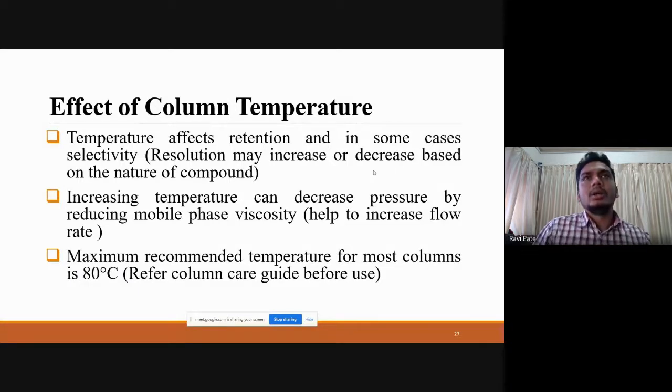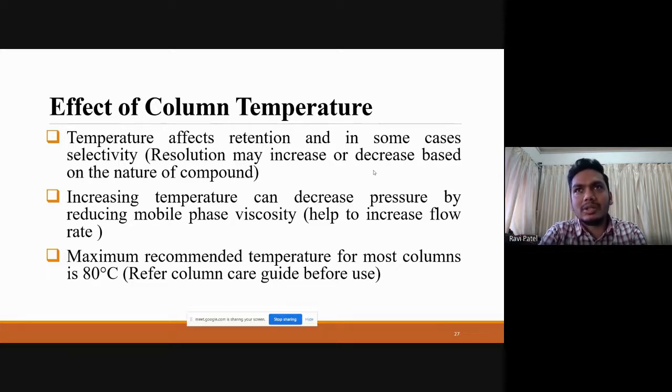Okay. The next thing is effect of column temperature, right? If we are changing the column temperature, we are getting a different retention time. Why? If we are increasing the column temperature, as we all know my mobile phase is having water, methanol and ACN, which are volatile in nature while increasing the temperature.